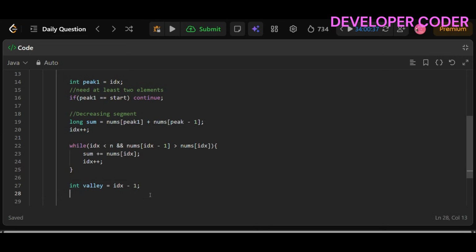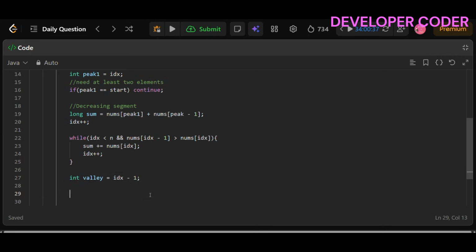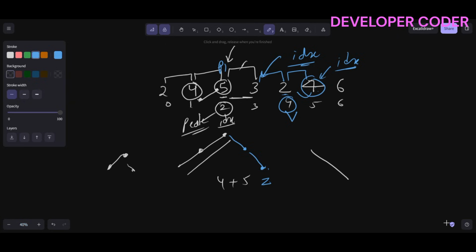Now after that, this is done. Now after that, one scenario is like this. But if I have this and after that there is nothing, or if we have the same element after this, same like 2 here 2 here, then it should be increasing. So if we don't have this shape, if we don't have anything, or we have something like this, then in that case we have to just say invalid shape.